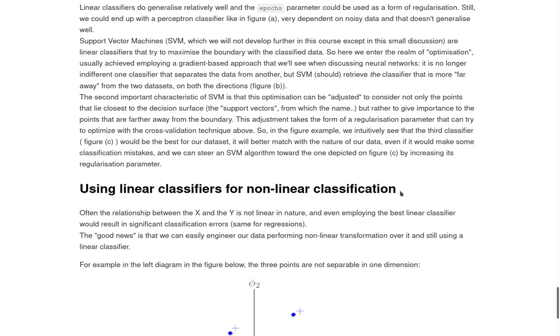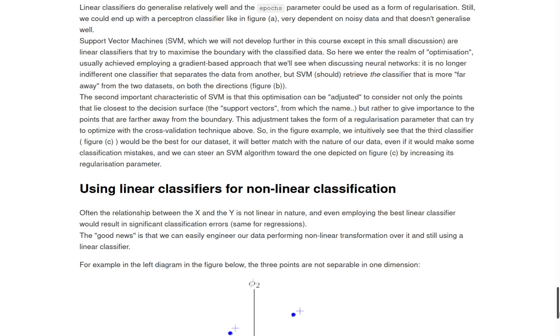We conclude this first, more theoretical segment with one note on using linear classifiers to perform non-linear classification, or using linear models to make non-linear regression.